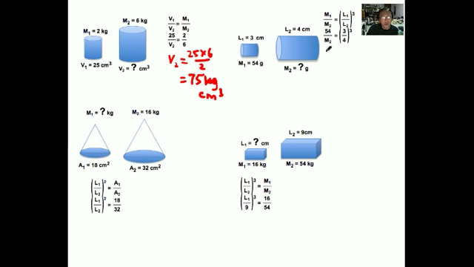Once again, we cross multiply. We have m2 equals 54 times 64 over 27, giving us 128 grams.